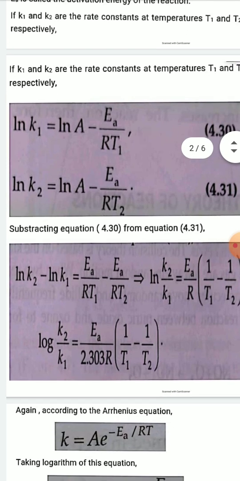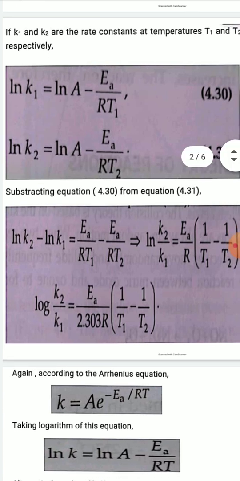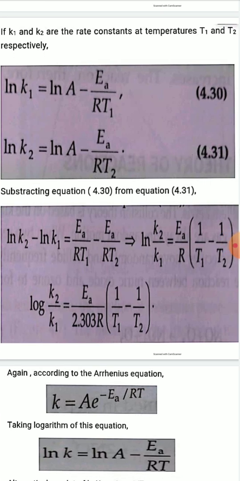Now if you subtract these two equations, you will get ln K2 minus ln K1 is equal to Ea by RT1 minus Ea by RT2, or ln K2 by K1 is equal to Ea by R into 1 by T1 minus 1 by T2.